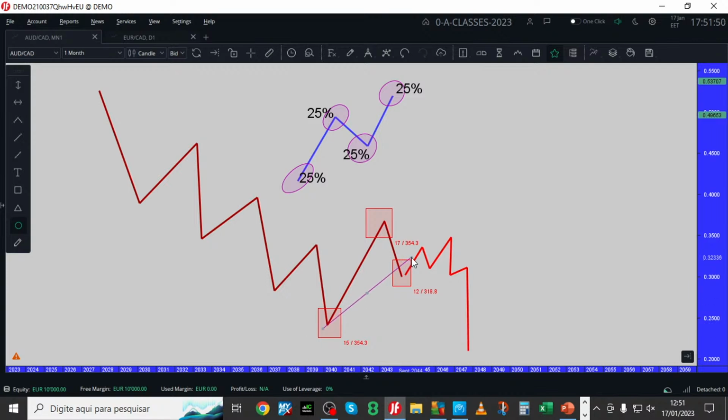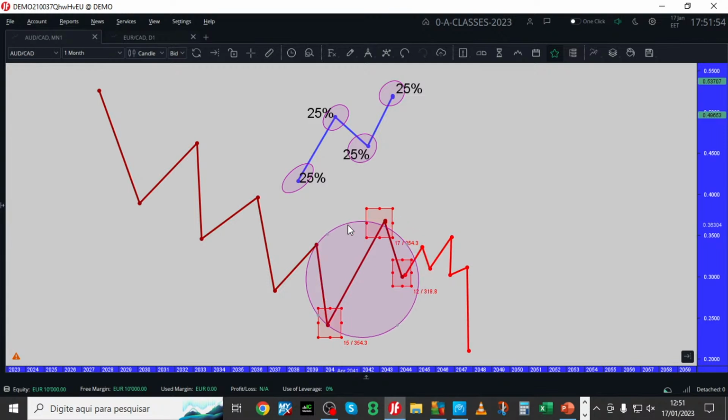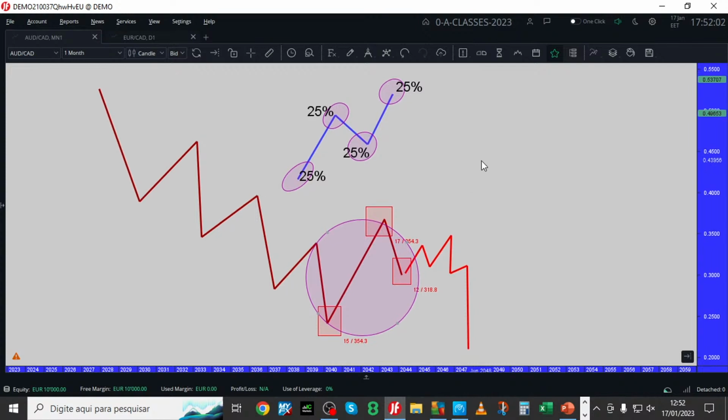If you buy this market right now, you are buying a 75% confirmed uptrend, meaning you are buying a 75% uptrend that is still not confirmed. Yes, sir. Yes, it's me.